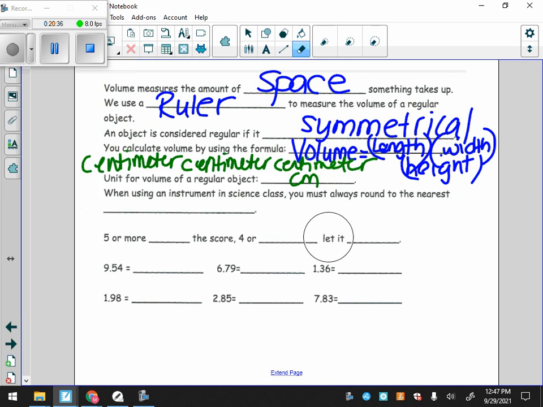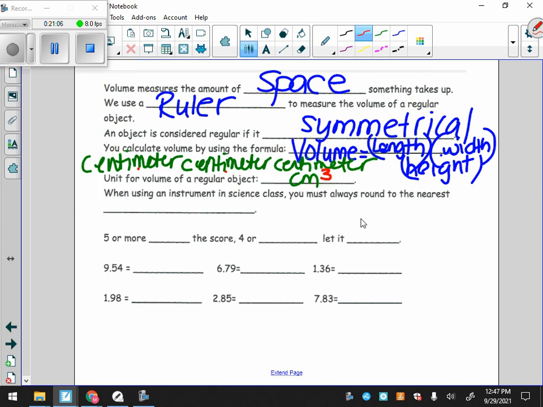How many centimeters are there? 1, 2, 3. Length, width, height, length, width, height. It's a big what? It's three-dimensional. It's centimeters to the third power.